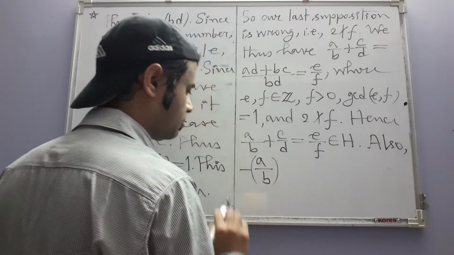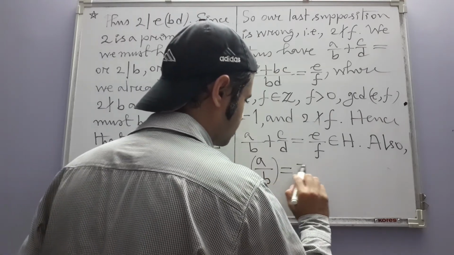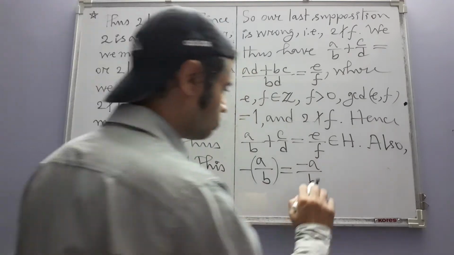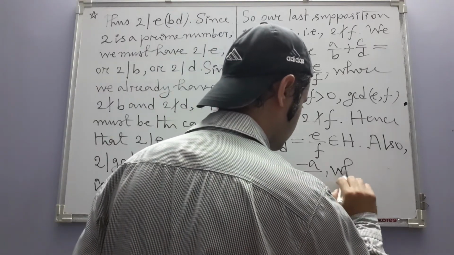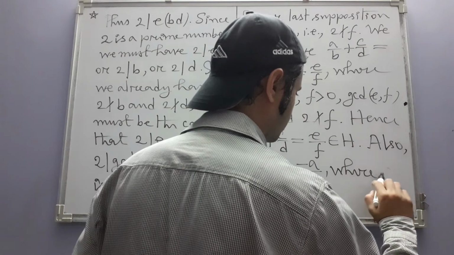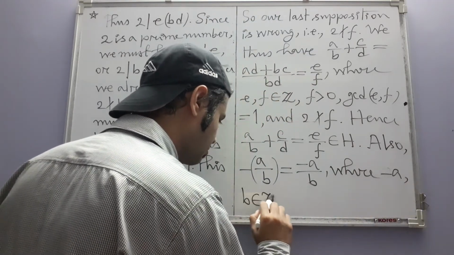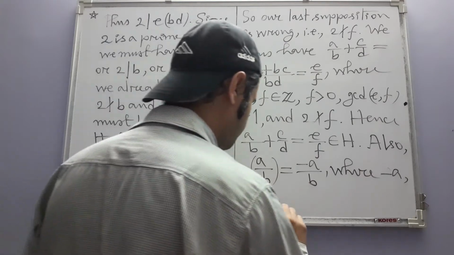Also, this is, of course, it can be written as minus A divided by B, where minus A and B are integers because A and B originally were integers.